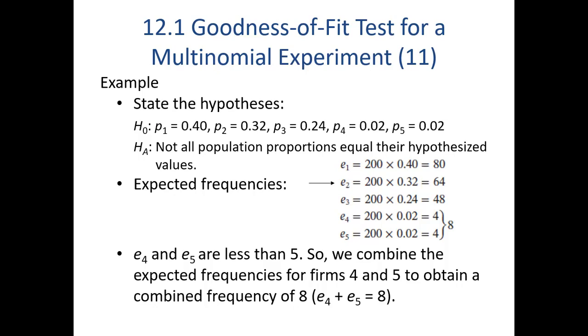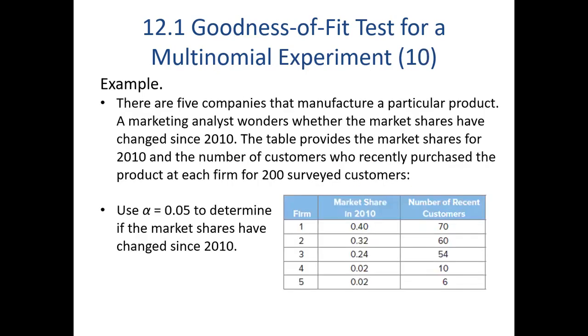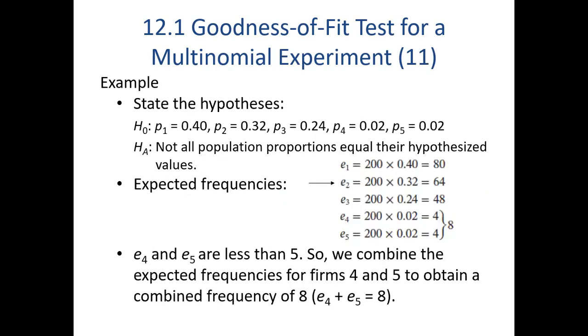The hypothesized values, the educated guess values, make up the null hypothesis. Now, they have surveyed 200 customers. They have given us the observed percent. So we will multiply the observed percent times the 200 to get the expected counts, which are shown here. Okay.